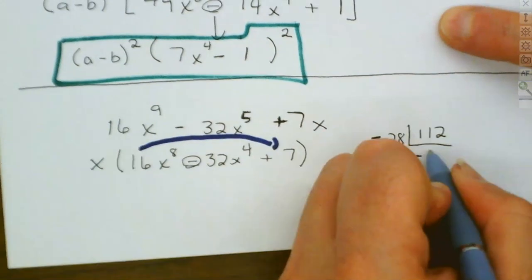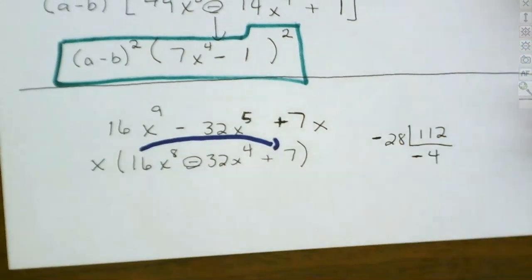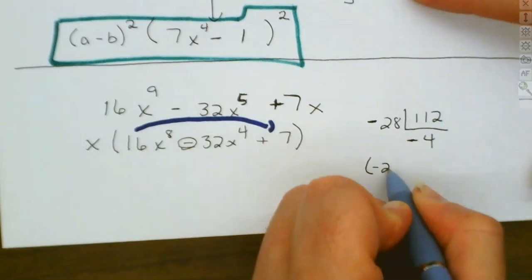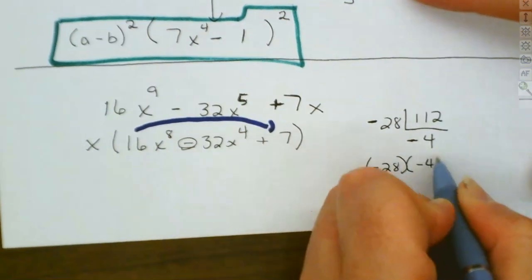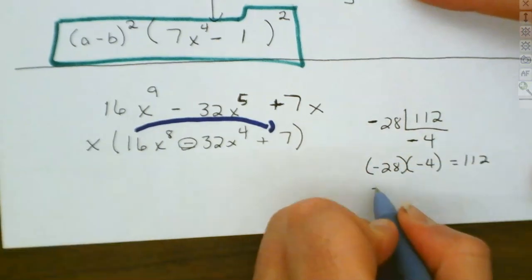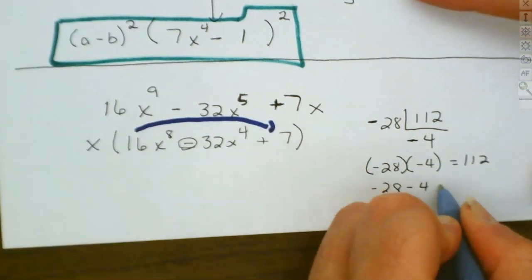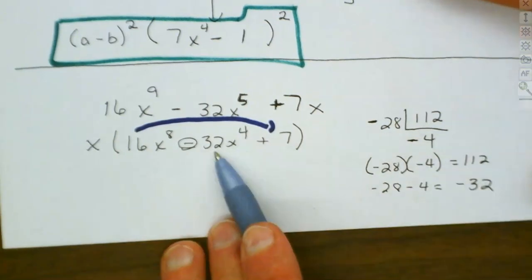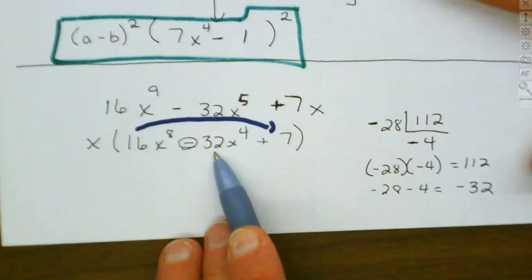Minus 28 and minus 4, because those go together when we multiply. Minus 28 times minus 4 gives you 112. And minus 28 minus 4, those go together to give you that minus 32 in the middle. So see how everything matches up.